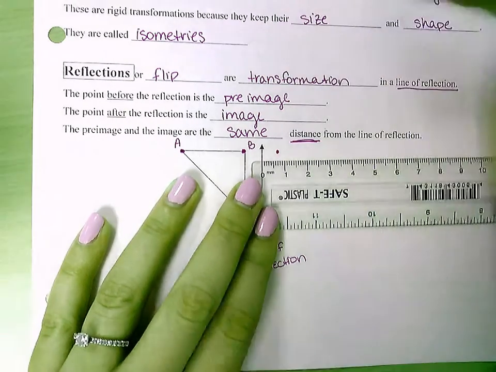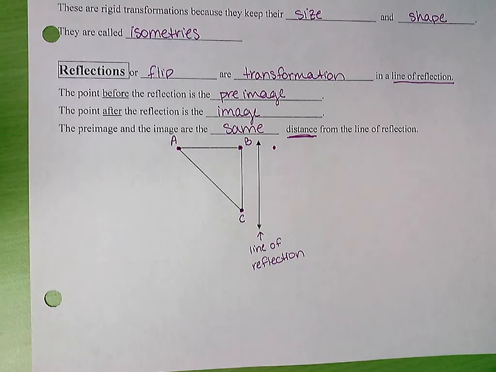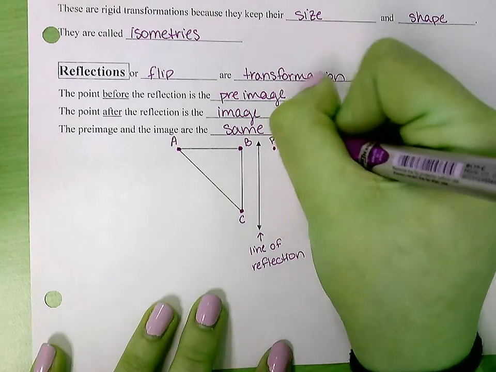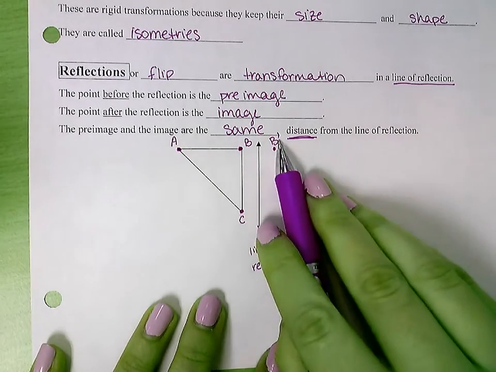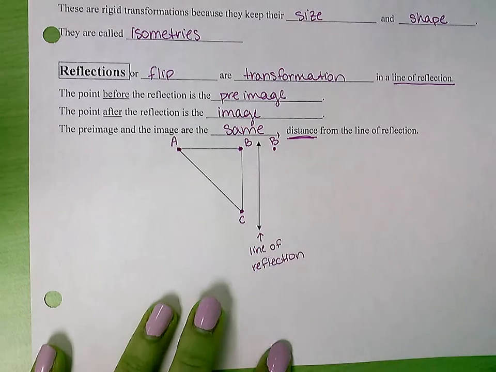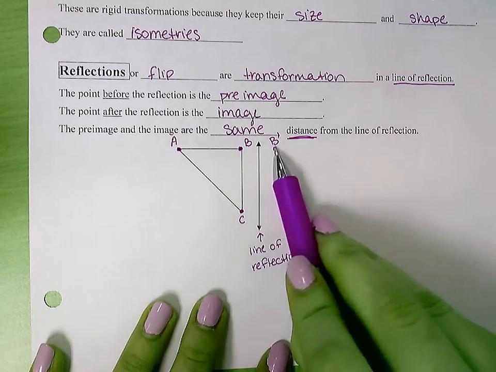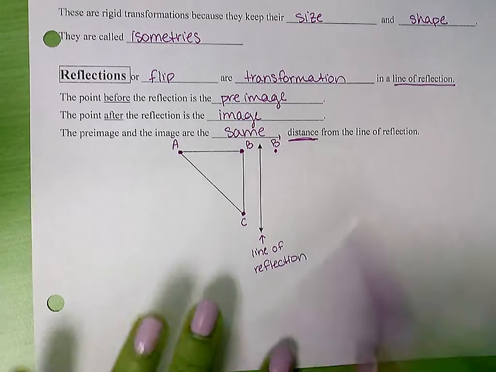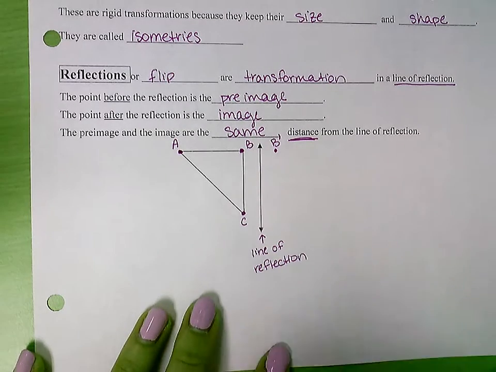So I have this new point here. That is your image point. We label those with a prime symbol, a little apostrophe next to that letter. So this will be B prime.